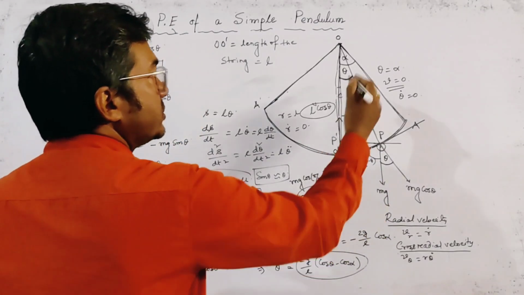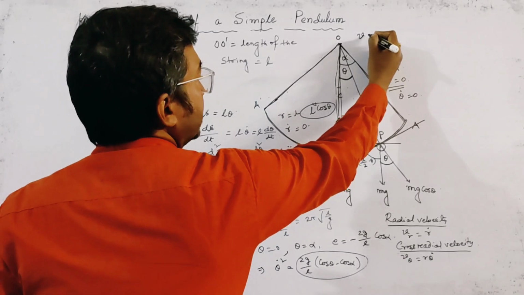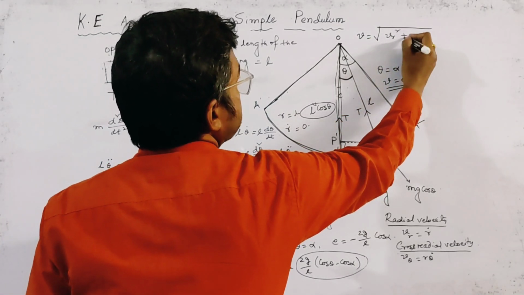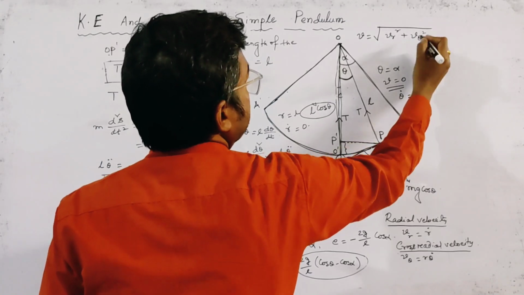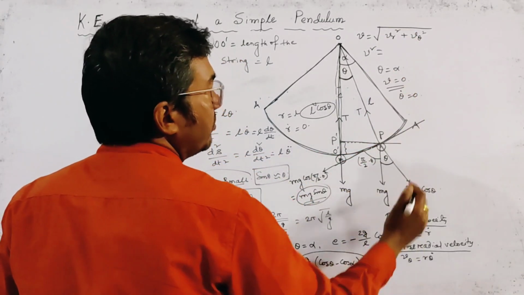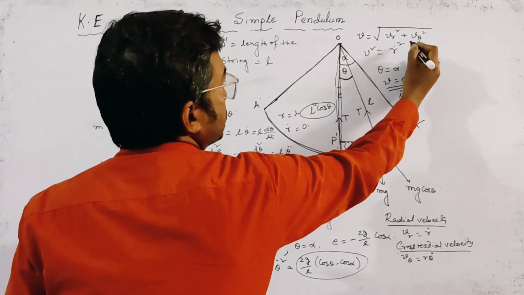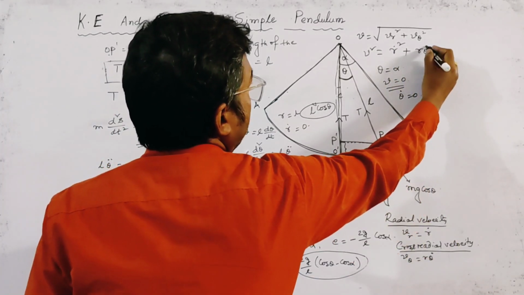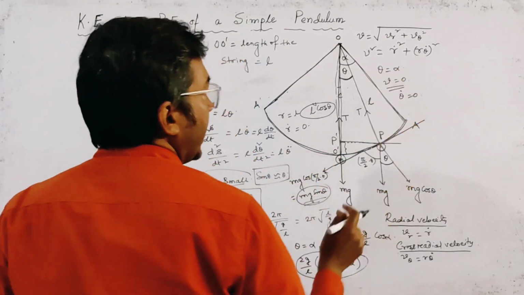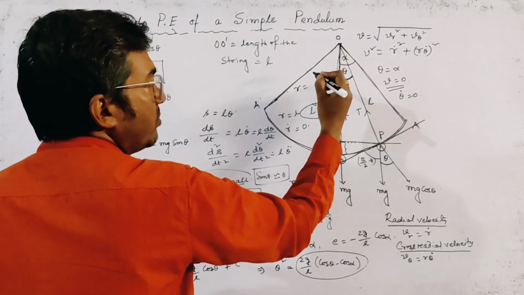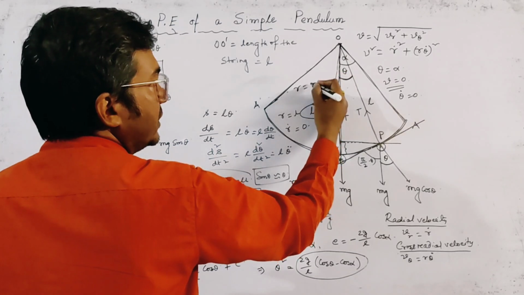The resultant velocity we write as V, given by root under Vr square plus V theta square. Okay, that is V square equal to Vr square, meaning r dot square, plus (r theta dot) whole square. And for this motion, r is given by L.